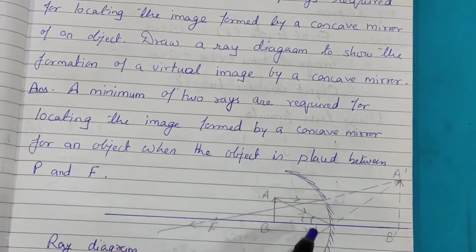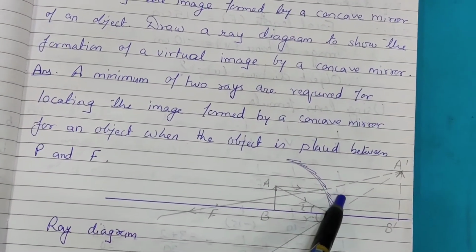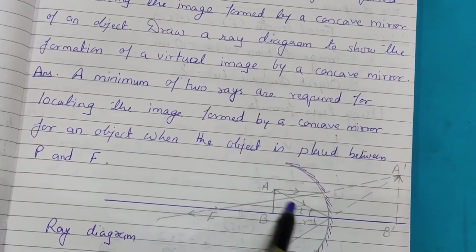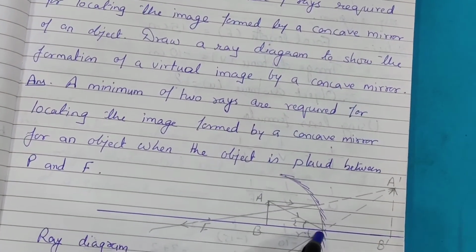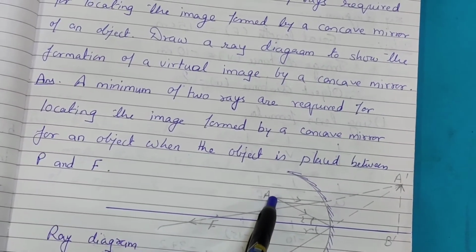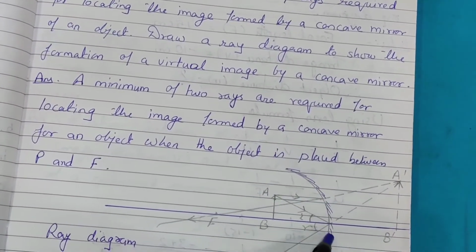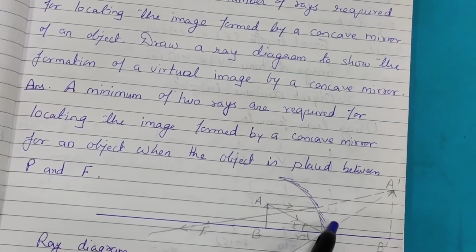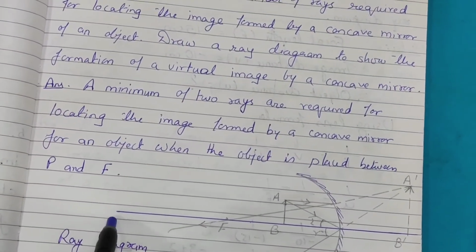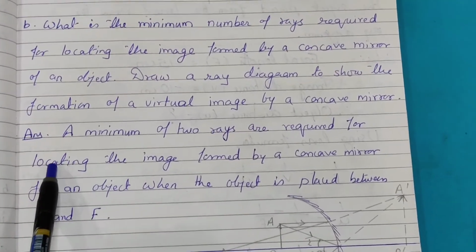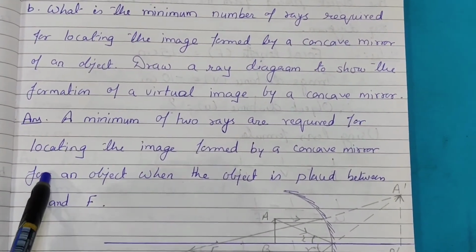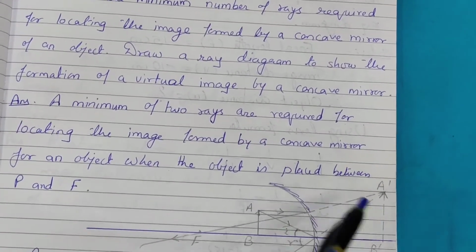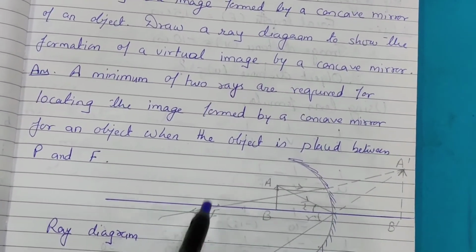Answer is 2 rays. One is going parallel and another one is going through the pole. When the light rays fall from the top of the object, one goes through the pole, and one goes parallel to the principal axis. A minimum of 2 rays are required for locating the image formed by a concave mirror when the object is placed between pole and focus.